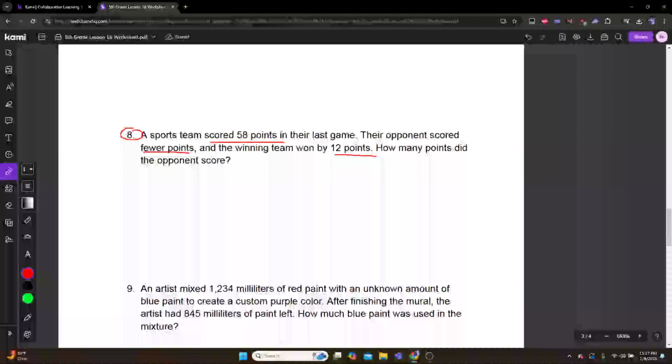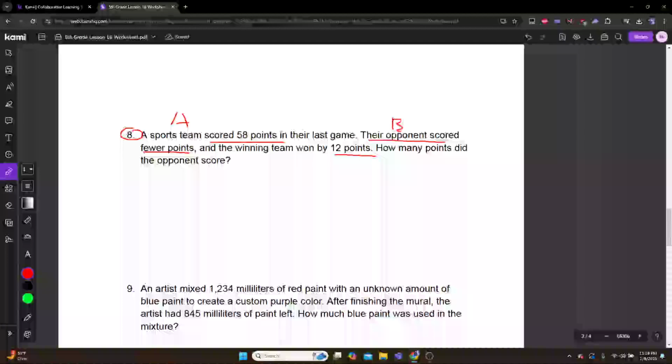Okay, so we know that a sports team scored 58 and their opponent scored fewer points. So let's call this sports team A and sports team B. So sports team A, we know that they won, and sports team B, since they scored fewer points, eventually lost.